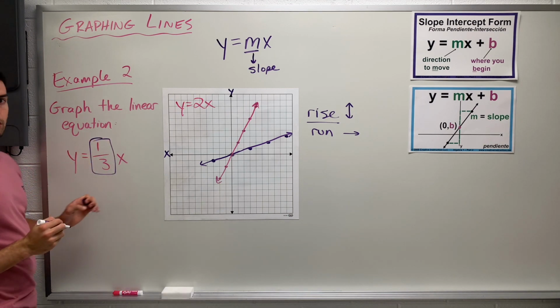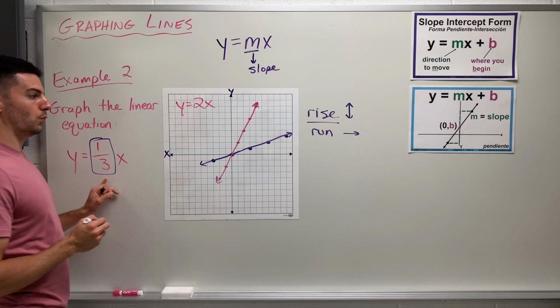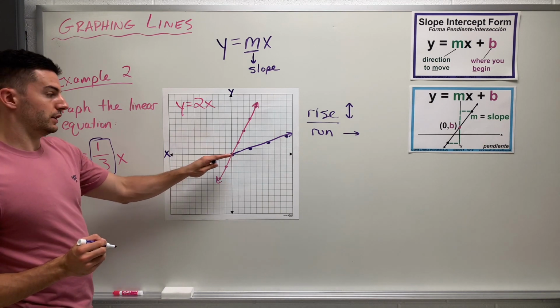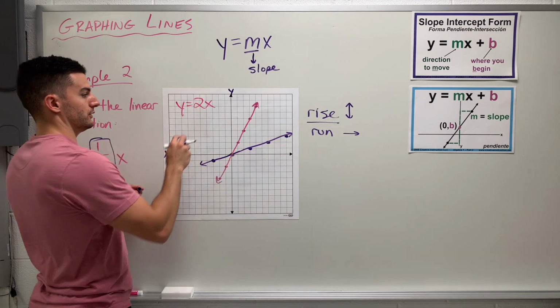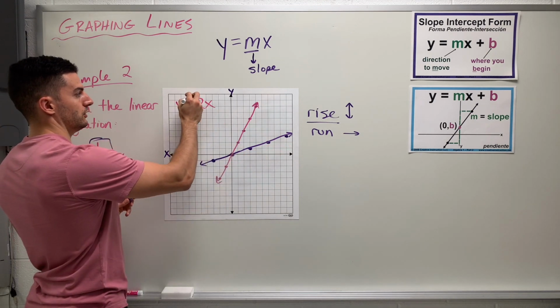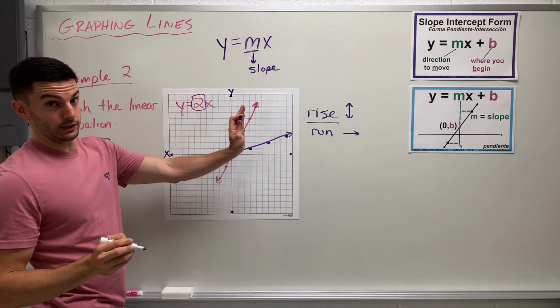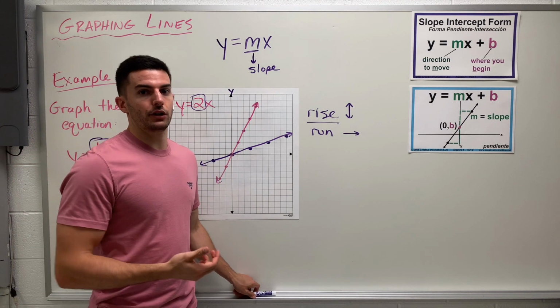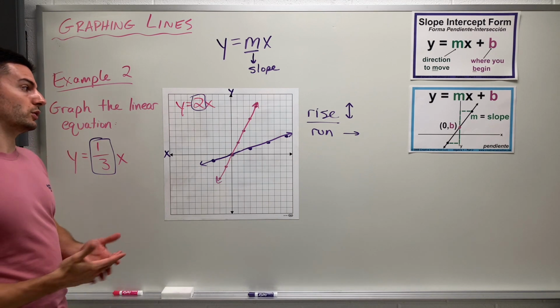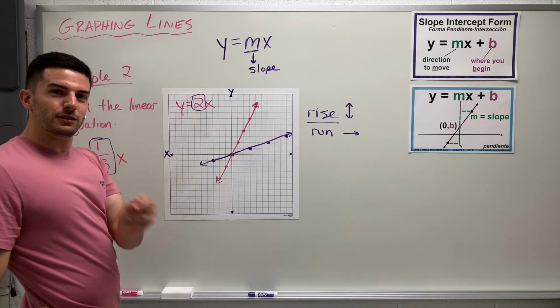So this slope is 1/3, and that's the purple line on my graph. So that's the one that's not very steep. Whereas this slope of the pink line is 2, so you notice that is more steep, okay? And so you might be saying, the bigger the slope is, the more steep it is. And that would be just about true.